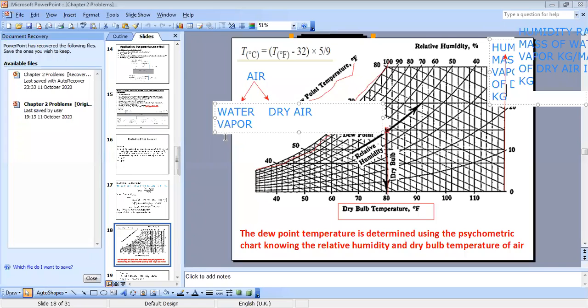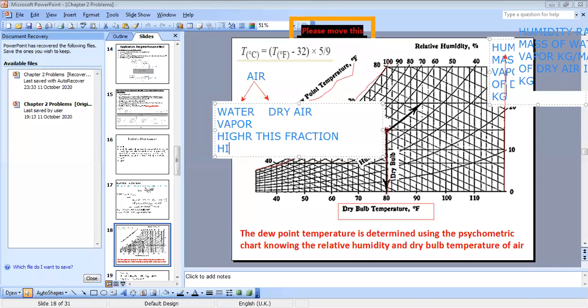So if you increase the content of water vapor inside air, this means that you are providing certain heat used in latent form, so it will be used to evaporate water. So the higher the water vapor content, the higher is the energy in air, because it will have energy in the form of latent heat. So the higher this fraction, the higher the latent heat. Okay.